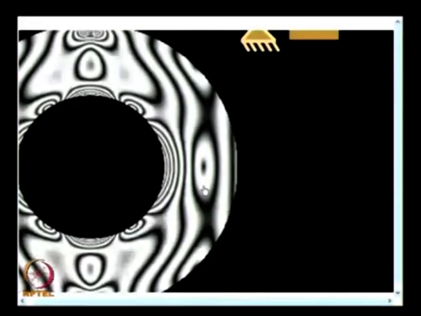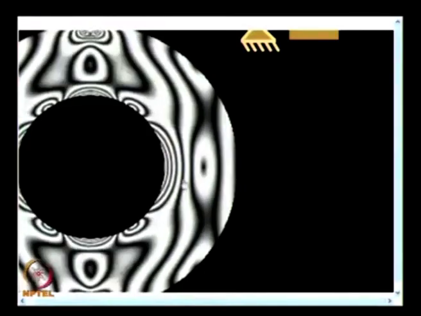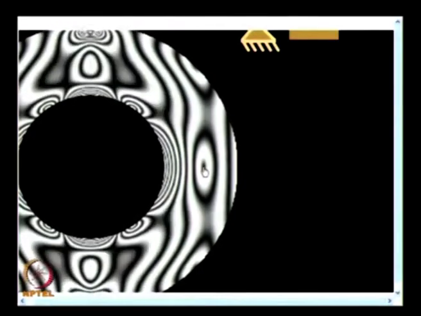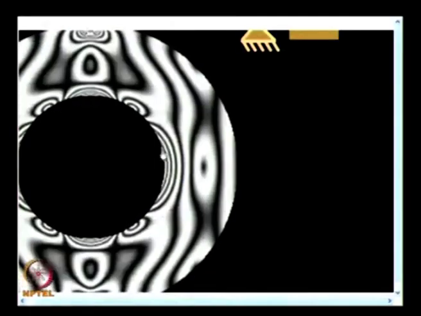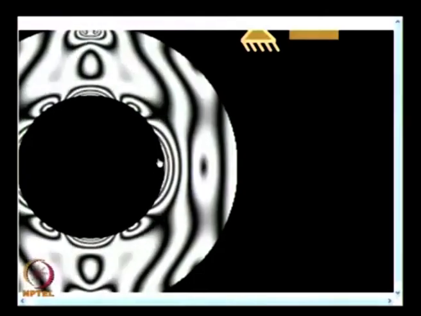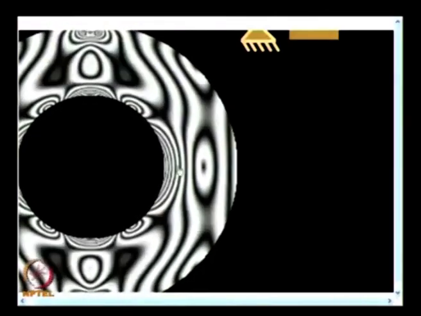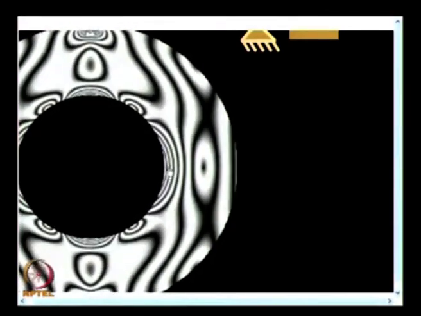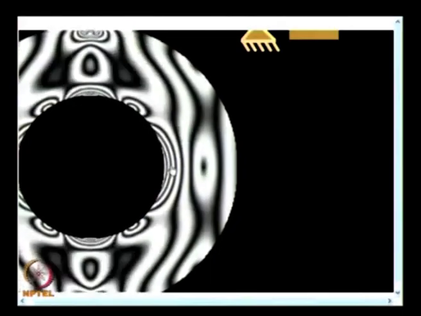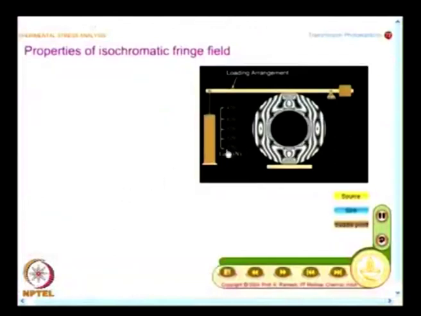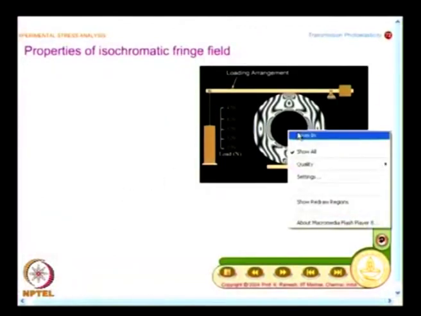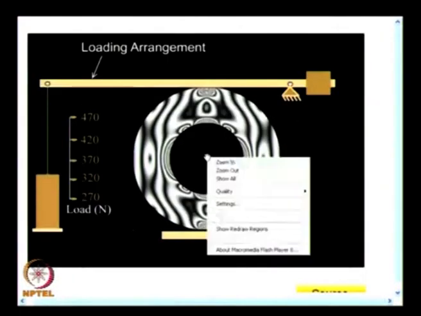When the load is increased, the 0th fringe order remains as such. And you also see an interesting aspect: this is the high stress concentration zone, and in this case the fringes emerge out as the load is increased. That is what we have seen, and keep looking at this fringe pattern for one more minute.